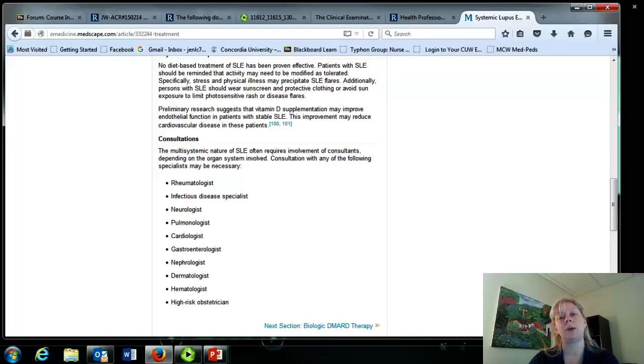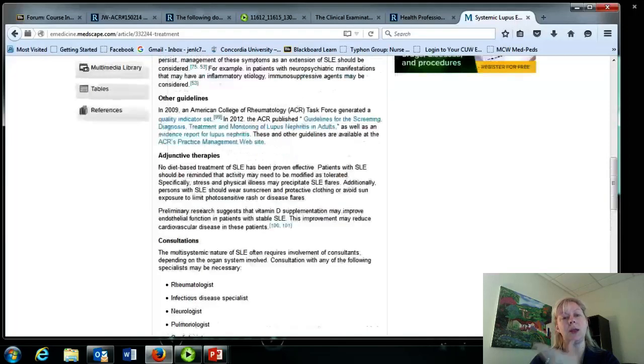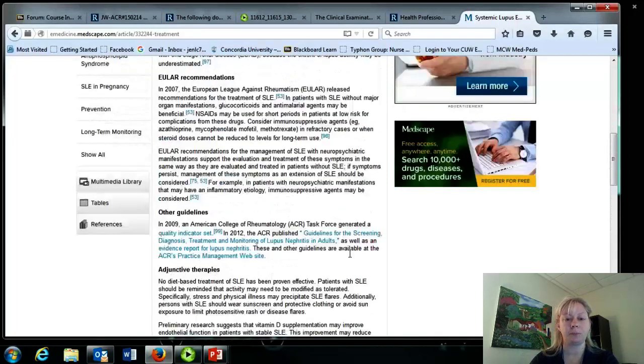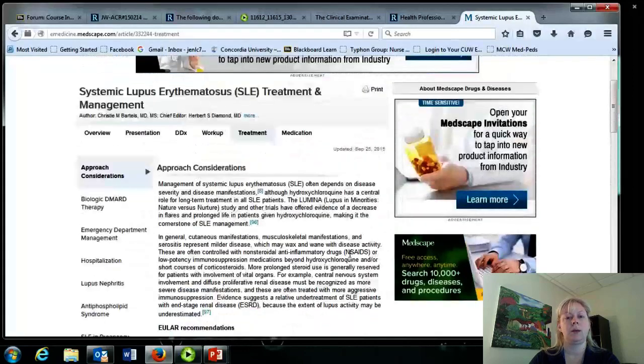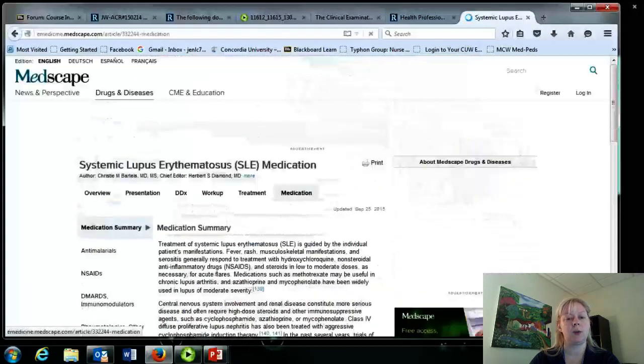A lot of times that's how patients are first diagnosed. They have GI issues and go to the gastroenterologist, and they're like, oh, let's check you for lupus, because then they clue in to it. All right, so let's get to medication here.